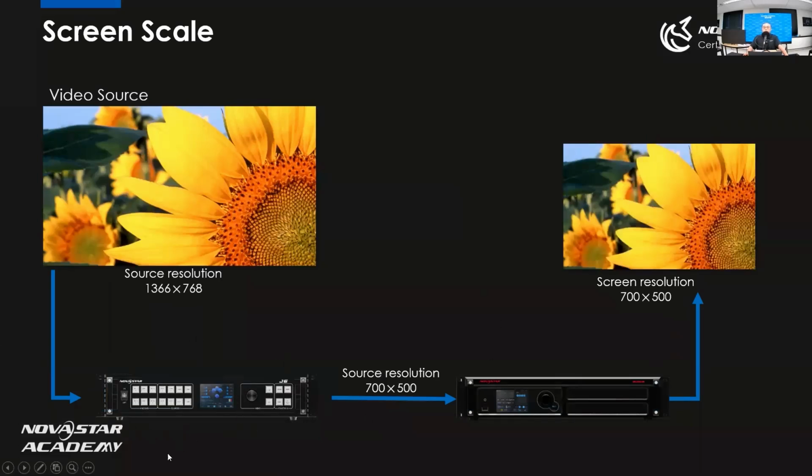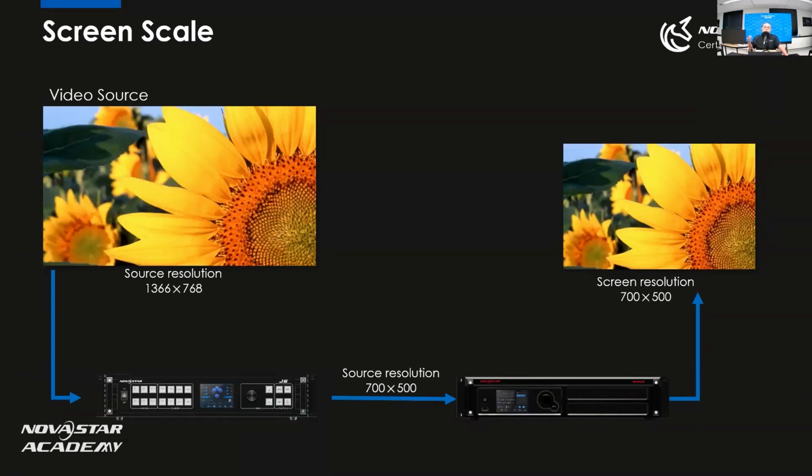So the structure becomes the video source, the video processor, the sending controller, and the screen. After the resolution of the image is scaled through the video processor, the image fits our screen size, and we can get a complete display of the image.